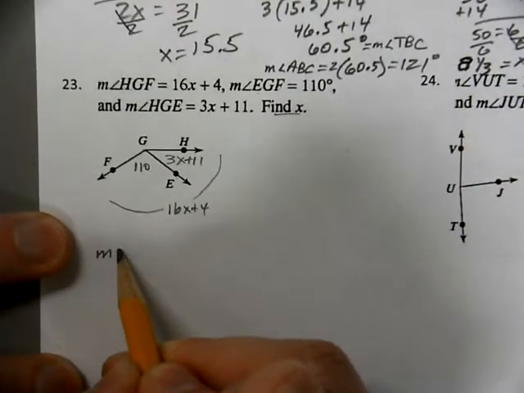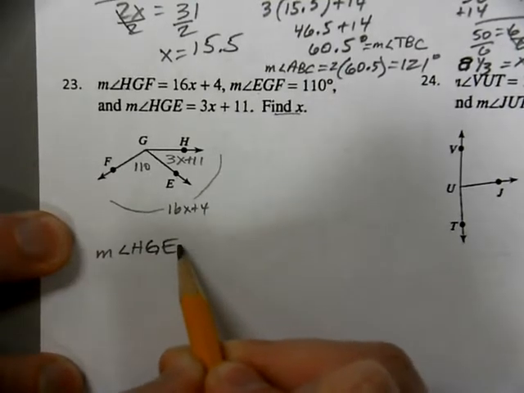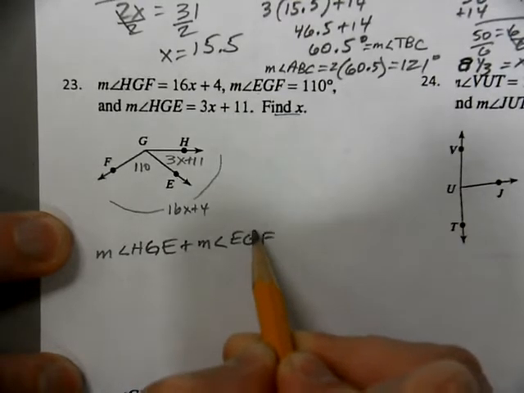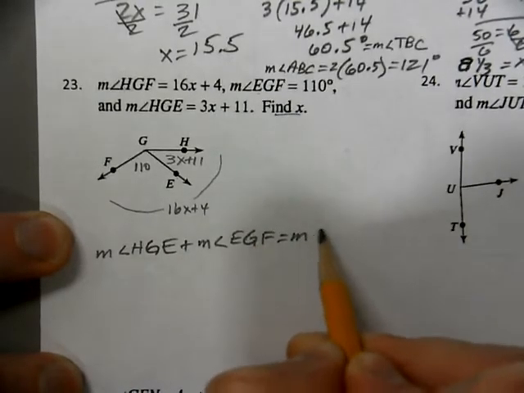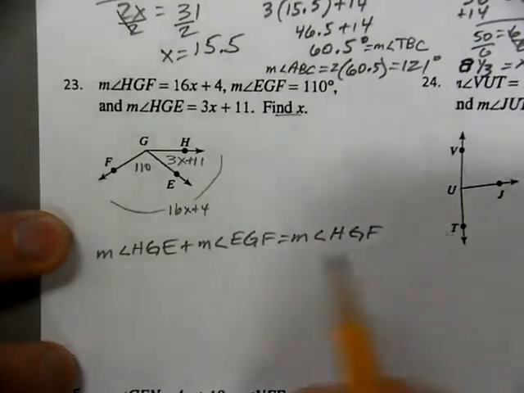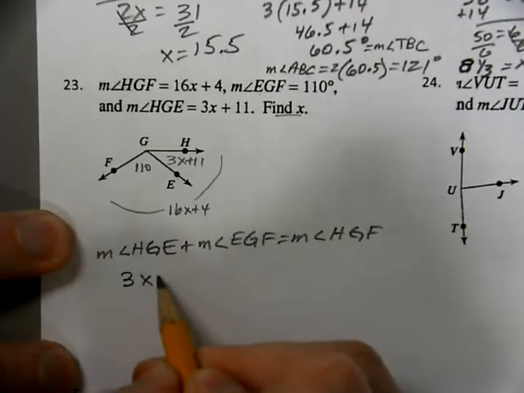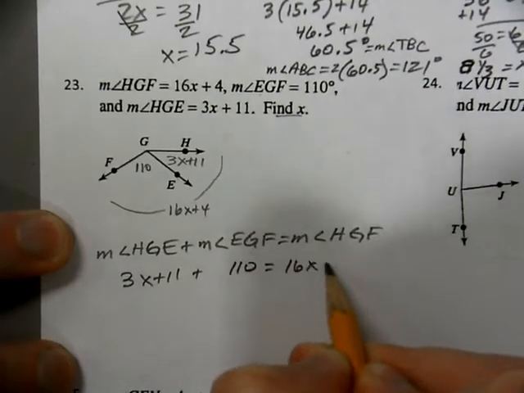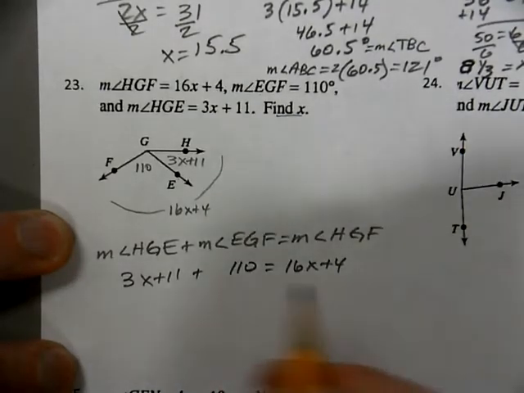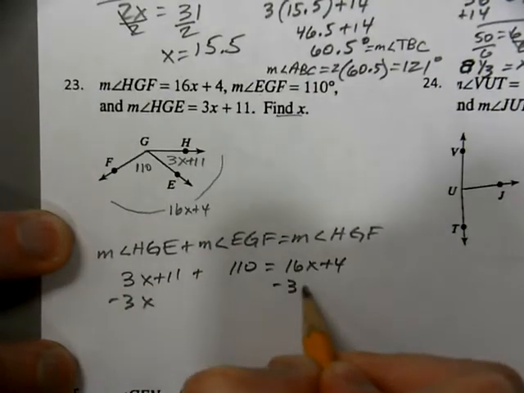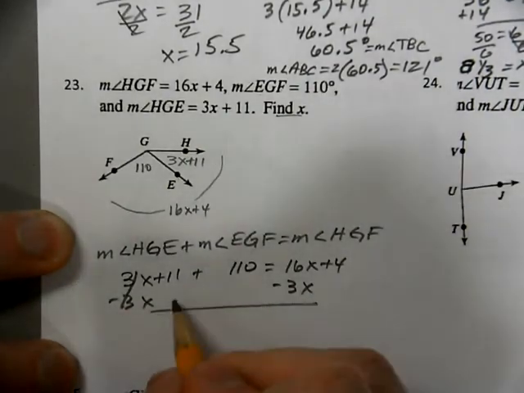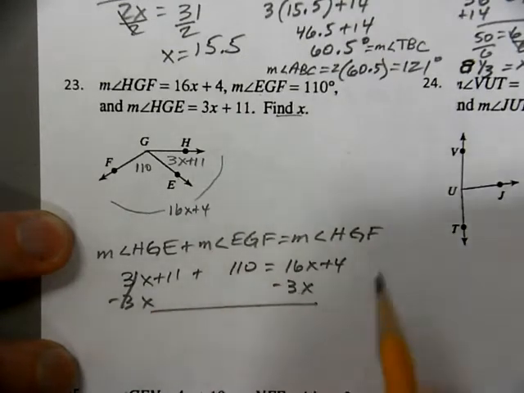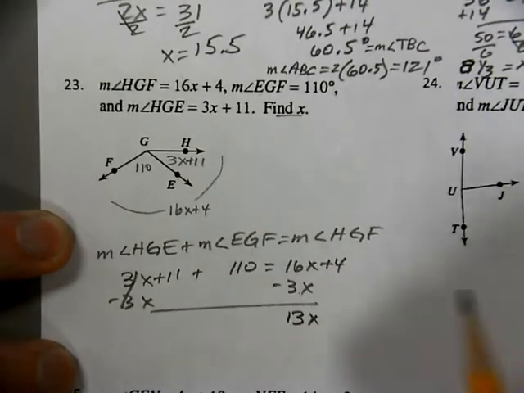Well, we have the measurement of angle HGE plus the measurement of angle EGF, and that equals the whole thing of HGF. So that's 3x plus 11 and 110 to equal 16x plus 4. So I subtract over my x to get 13x.